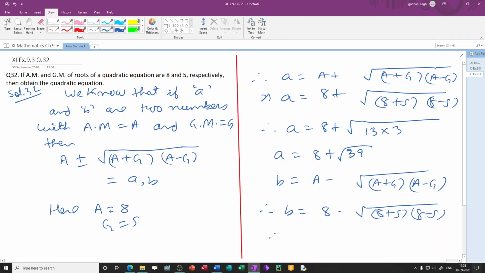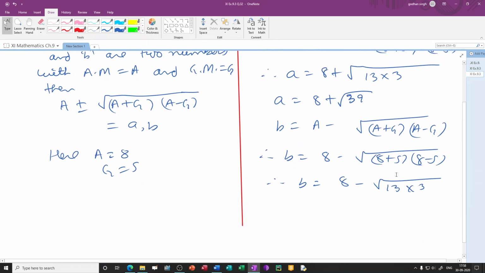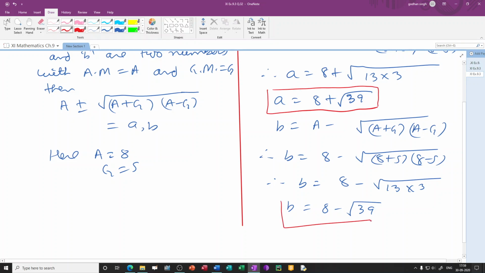So b equals 8 minus square root of 13 into 3, and this will give us b equal to 8 minus square root of 39. And we know how to find a quadratic equation whose roots are given. So what are the numbers here? a and b are the roots of the required quadratic equation.